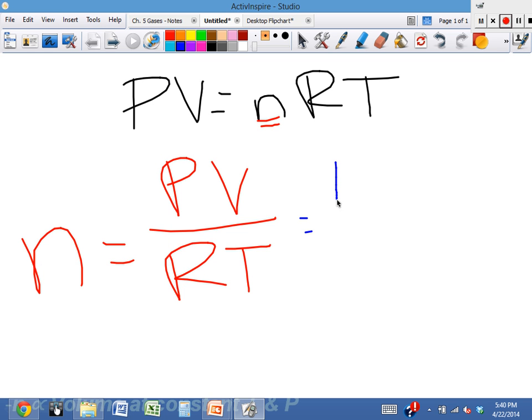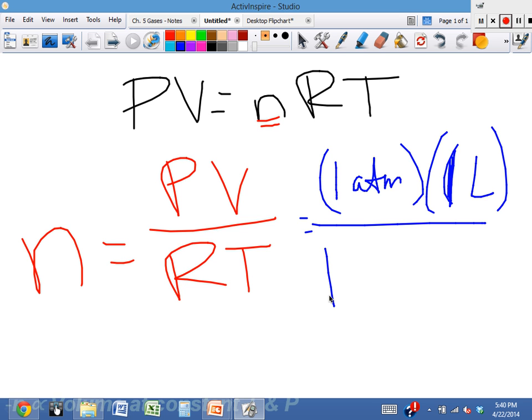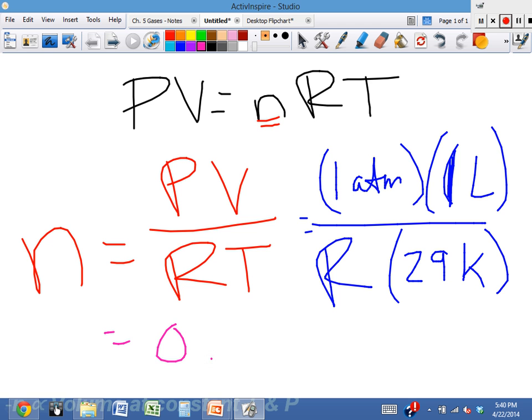So we have 1 atm times 1 liter, and R, which we'll talk about next video, times 298 K. When you plug R in, you're going to get 0.041 moles.